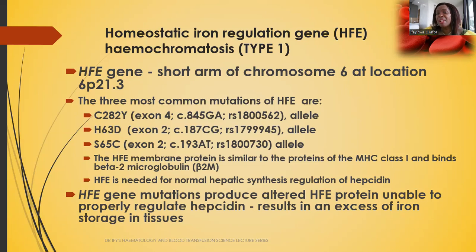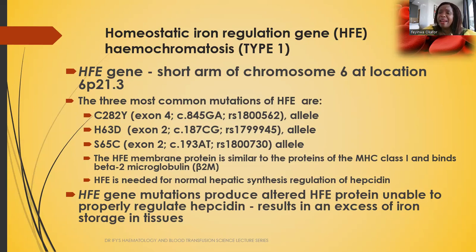When we did iron regulation, I said that the chief protein that is responsible for regulation of iron absorption, either from the proximal duodenum or release of iron from ferritin that is stored in hepatocytes, or ferritin and hemosiderin that is in macrophages, is hepcidin.